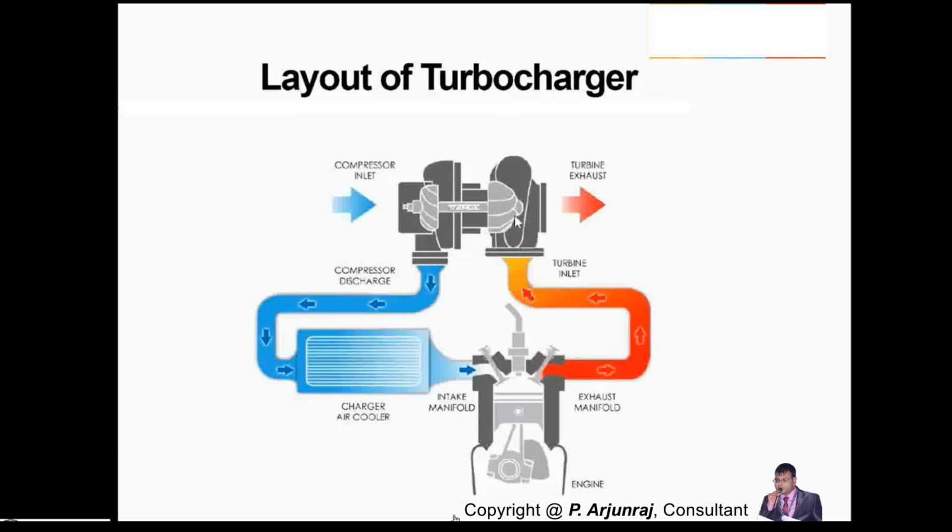The exhaust gas strikes the turbine blades, because the turbine has different blades called turbine blades. When it strikes the turbine blades, the turbine rotates at more than 1 lakh revolutions per minute, up to 1.5 lakh. That is the maximum level of speed at which the turbine will rotate.